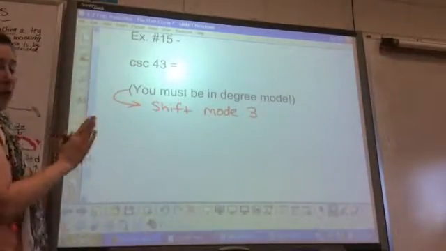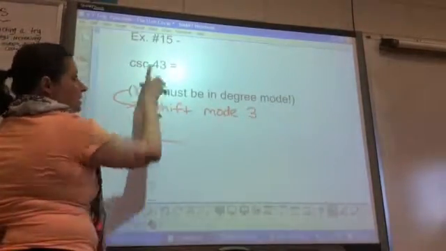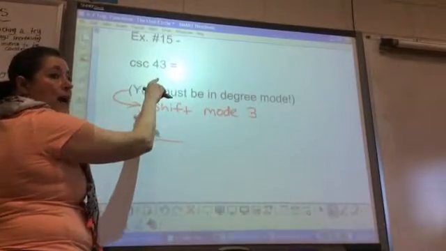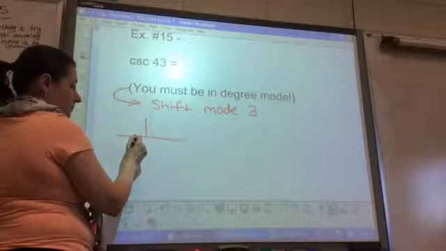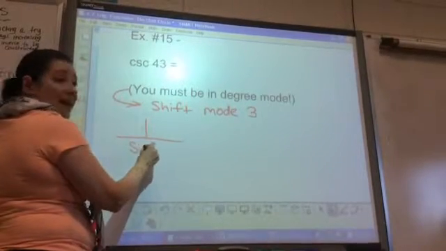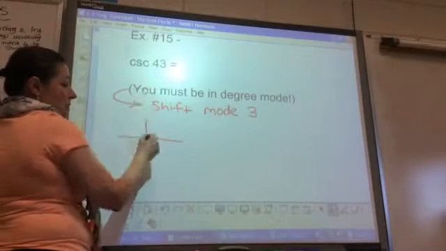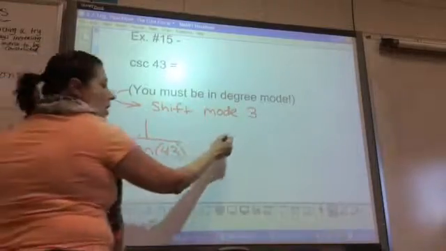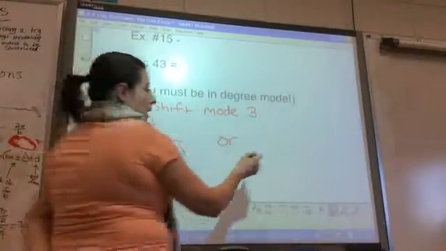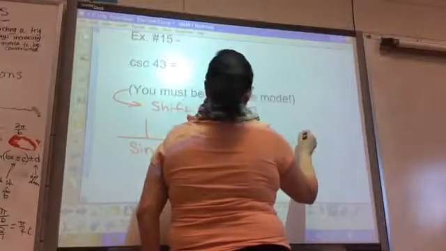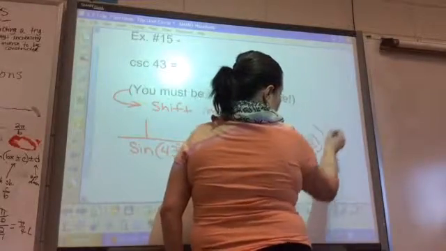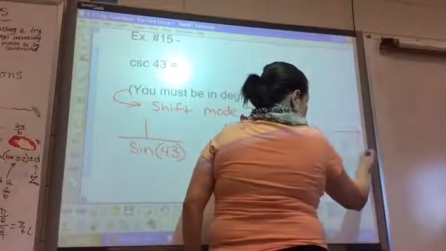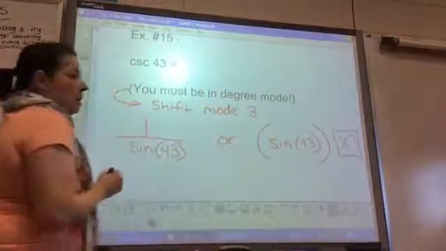So you could say 1 over its opposite. Who's the opposite for cosecant? What is it? Sine. Opposite of cosecant is sine. So you could type it like this, or you can type it like this, and then use this button. Okay. All right.